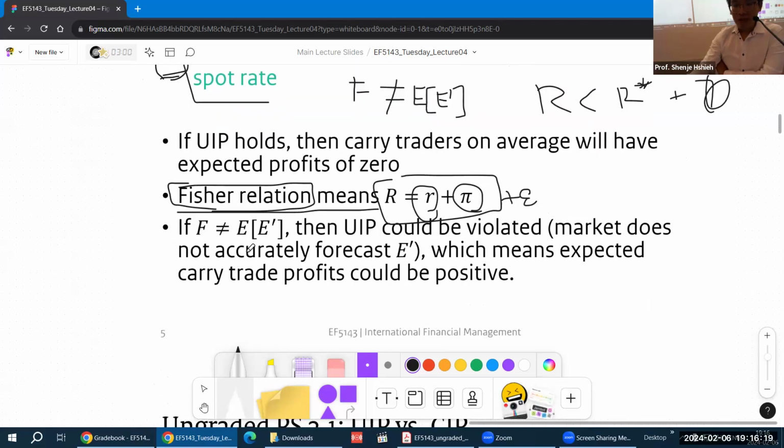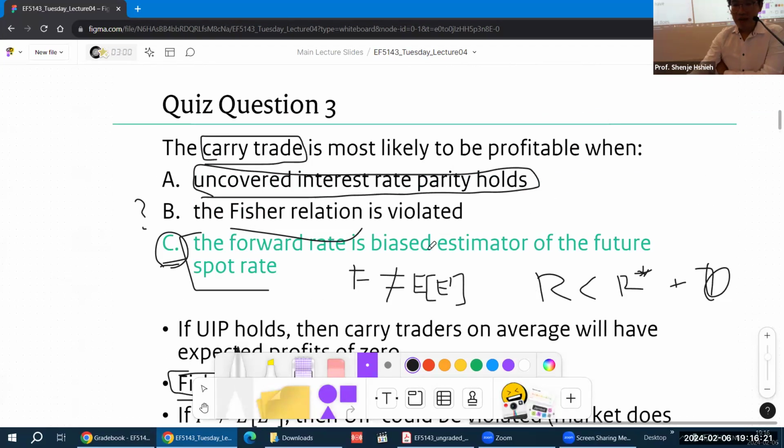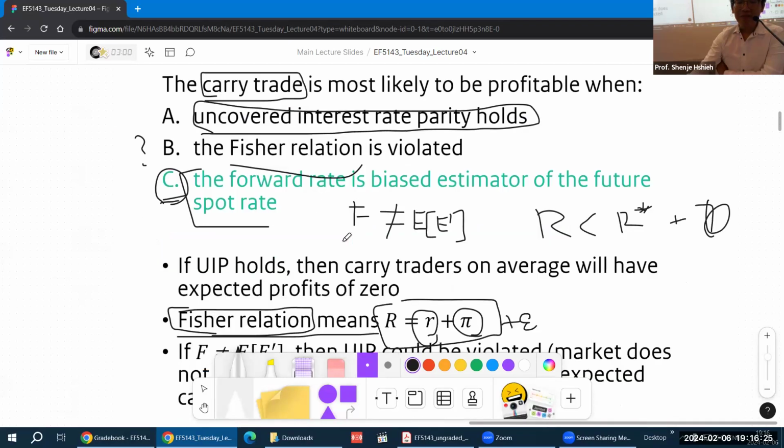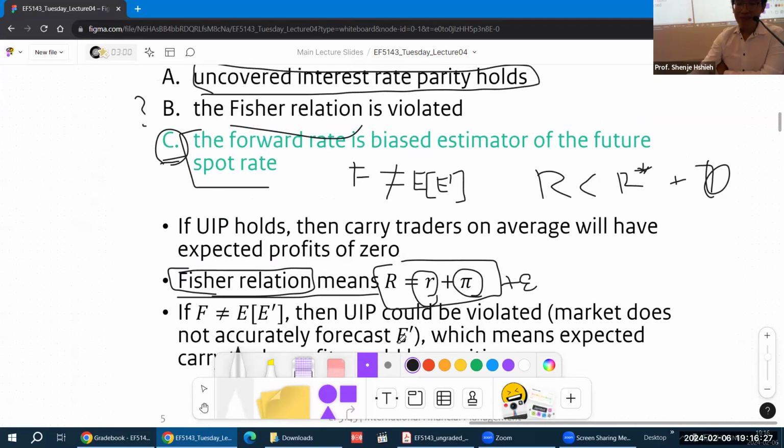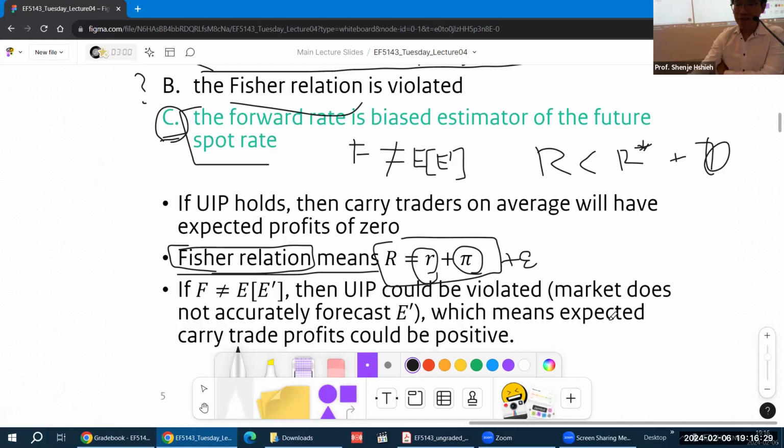So the violation in C is basically saying that the unbiasedness hypothesis is wrong. We talked about this in class, and it should have rung a bell once you read the question.